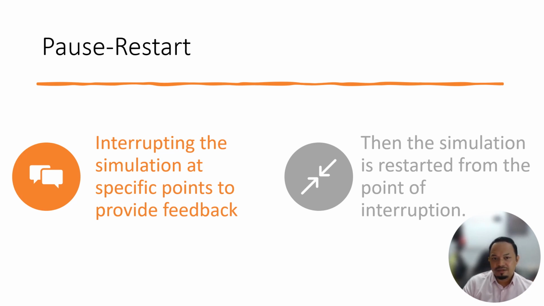So what are the advantages? It gives flexibility for the facilitator to intervene and guide the simulation to the right track, and the participant can adjust their approach based on your debriefing session or feedback. All right. So that is about pause and restart.